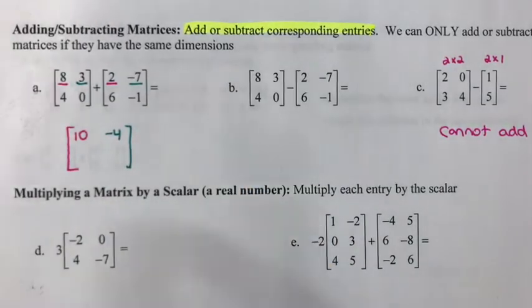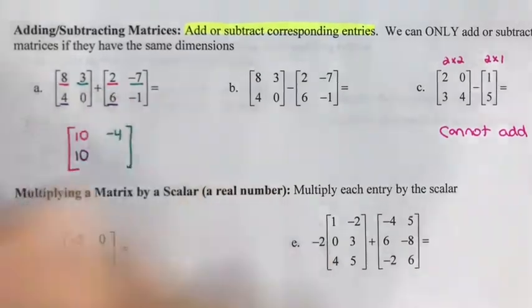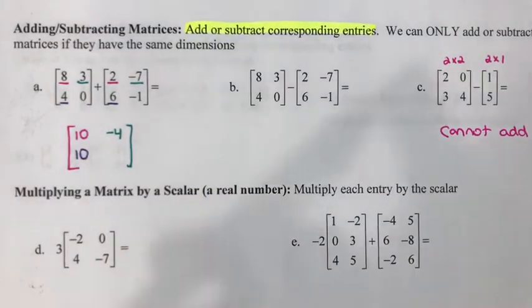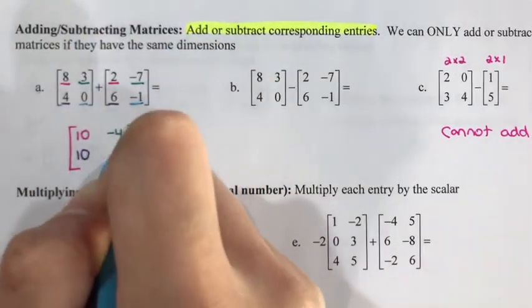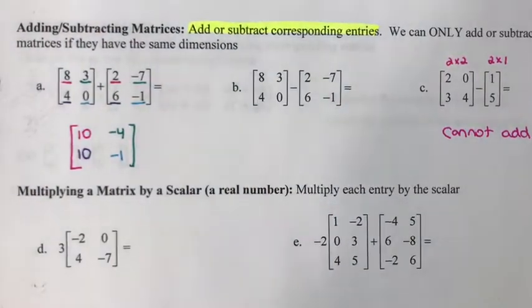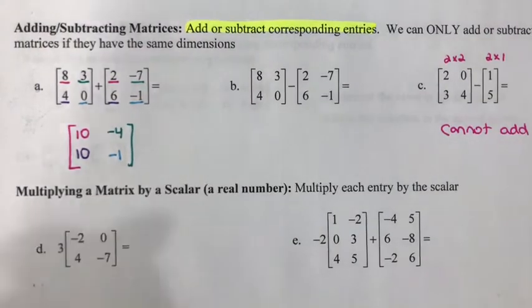Moving down to the bottom left, I get 10. And finally, bottom right, I get -1. Okay, so we're just adding up the corresponding entries.